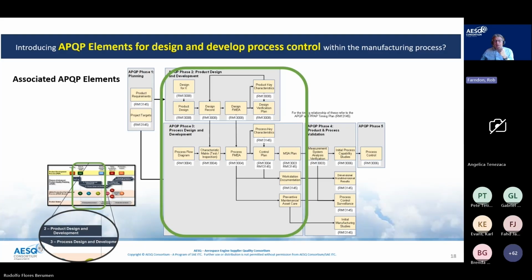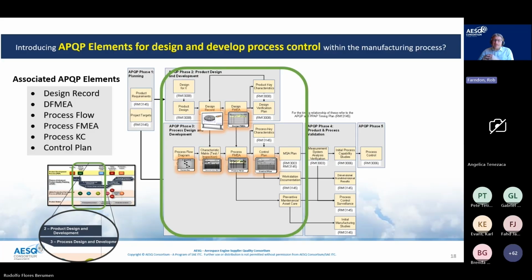So what we're doing here, first of all, is focusing around this overlap, if you like, between phase 2 and phase 3 and the interactions between the various elements at play here. We're looking at these particular elements associated with the flow, as Carl has described before.